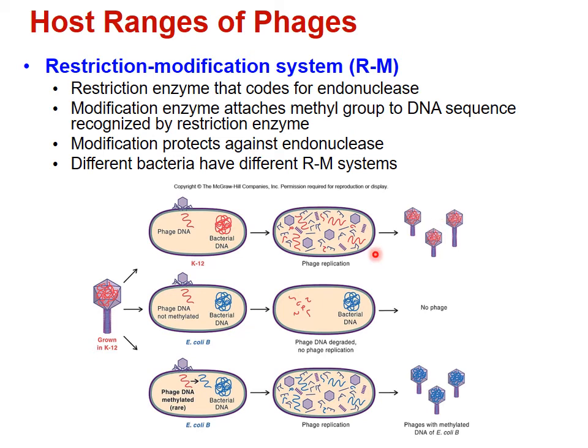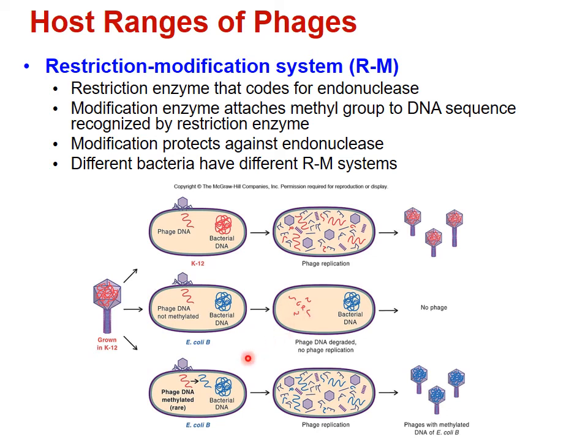However, if you infected a different strain, an E. coli B strain, which is just a different strain of E. coli, the DNA would come in, it would not be methylated in the proper way, and there are restriction enzymes in that E. coli B strain that would chop up the bacteriophage genome and prevent infection.